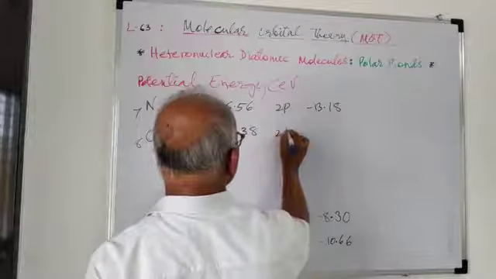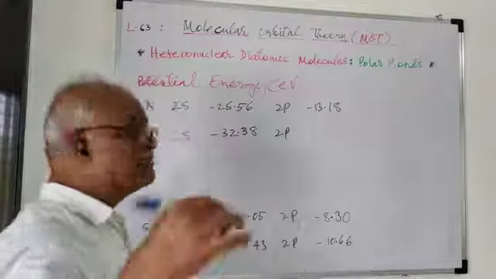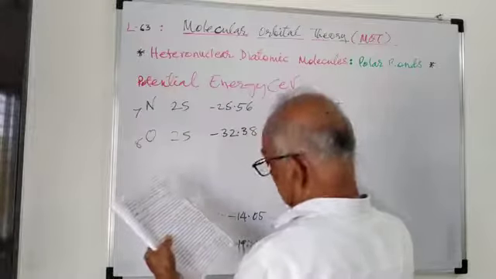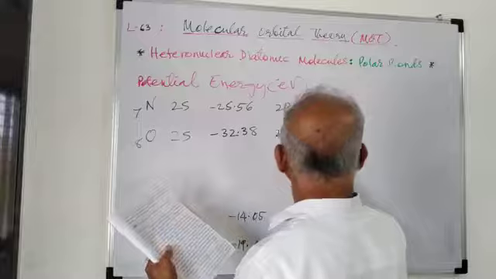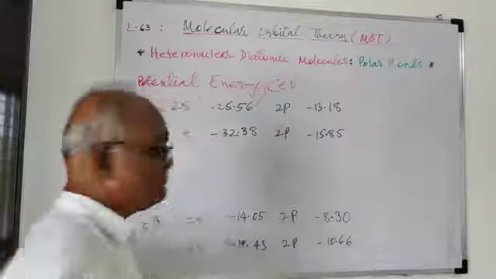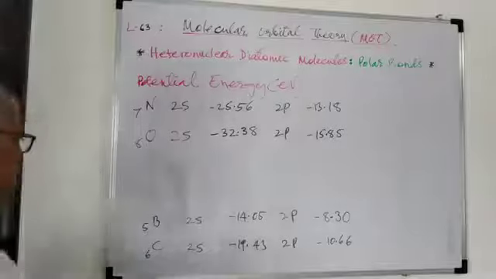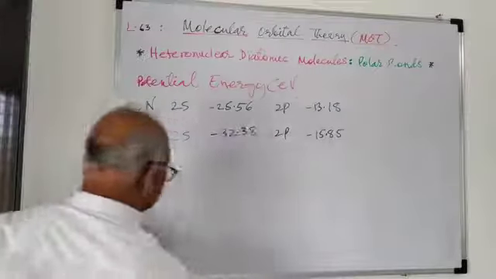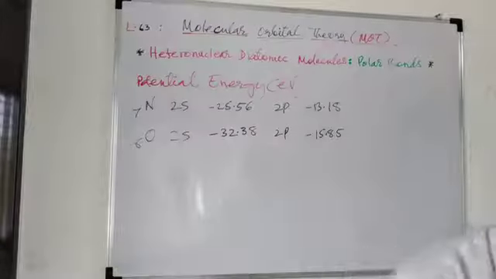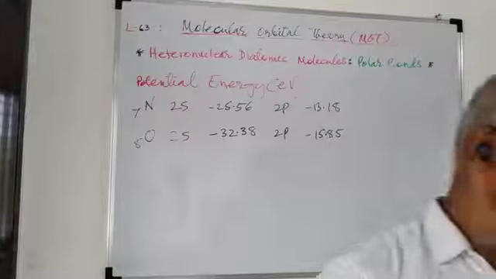There is also 2p with one more electron. So this value is again increasing to minus 15.85 electron volts. So in this way, you will find there is a progressive increase in the values as we move from one element to the other.